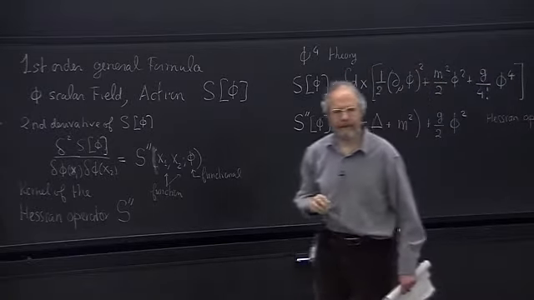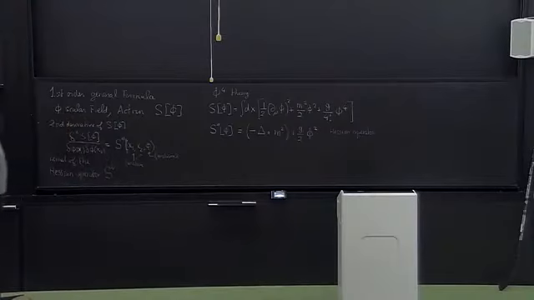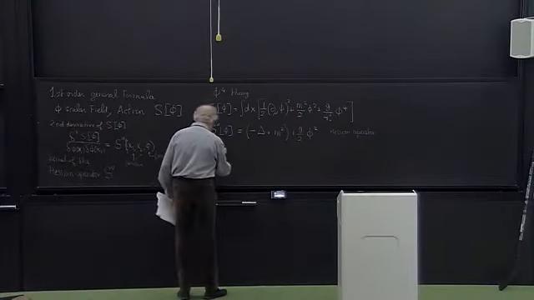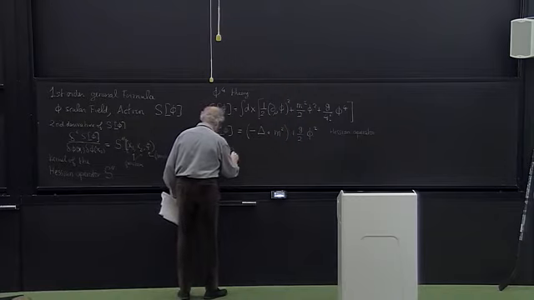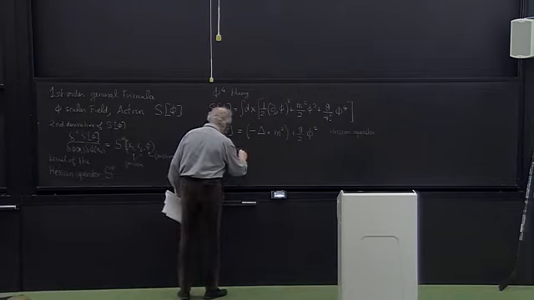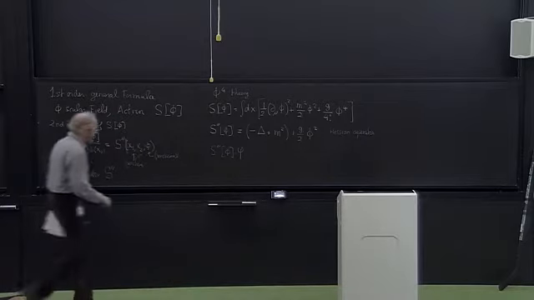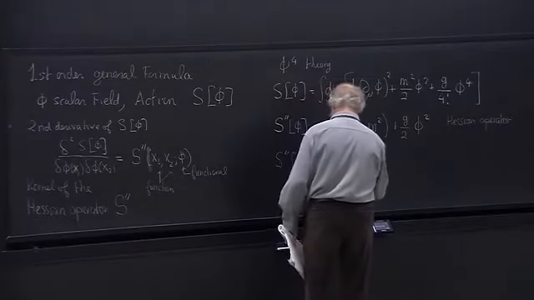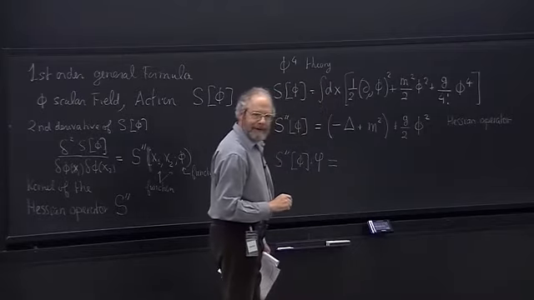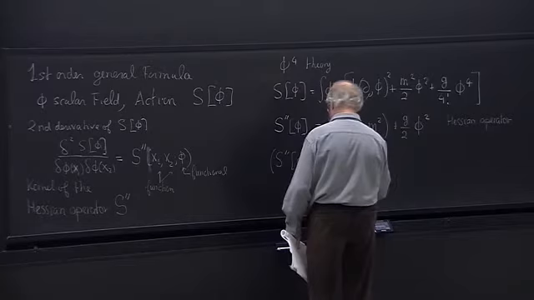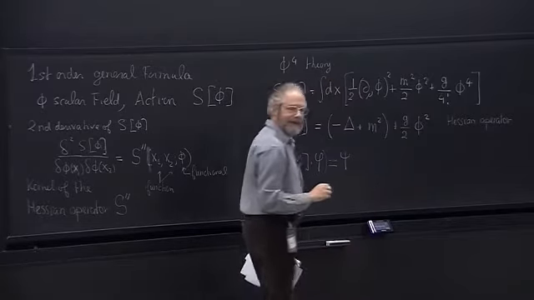Is it clear? Okay, and to be sure, this means that if I apply this operator to a function phi, I get a function. So this is a function, let me denote this function psi. Okay?